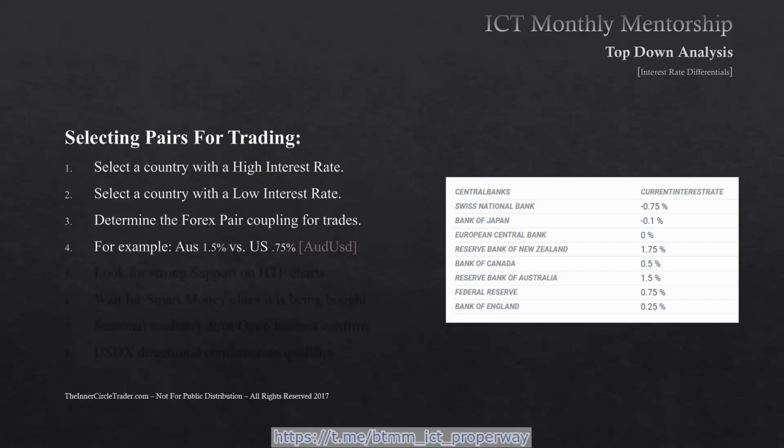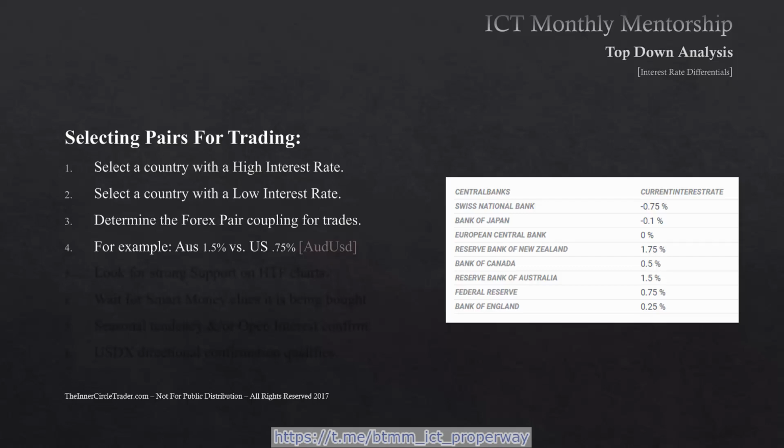For an example, we're going to assume that the Australian dollar is our selection for our high interest rate yielding country, and the interest rate comes in at 1.5%. And we're going to pair that up with a weaker currency from the Federal Reserve, which is the US market, with 0.75% or 3/4 point.